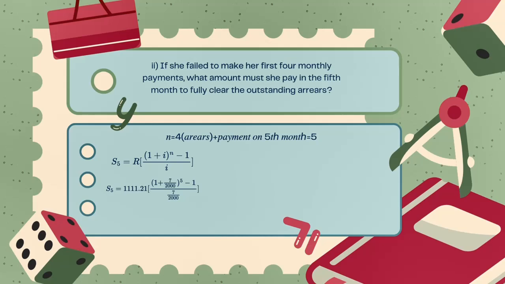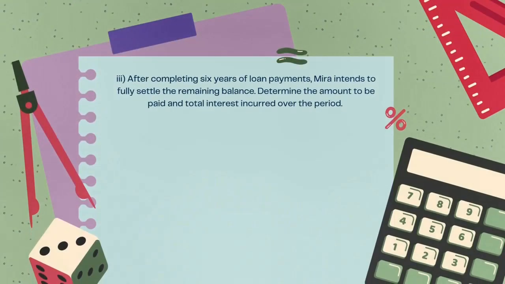S5 equal to 1,111 ringgit 21 cents, bracket, 1 plus 7 divided by 2,000, bracket, power of 5 minus 1, divided by 7 divided by 2,000, bracket. The answer for S5 equal to 5,595 ringgit 8 cents.